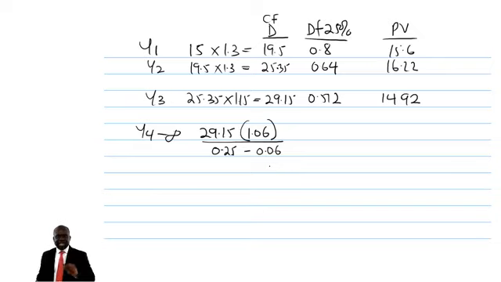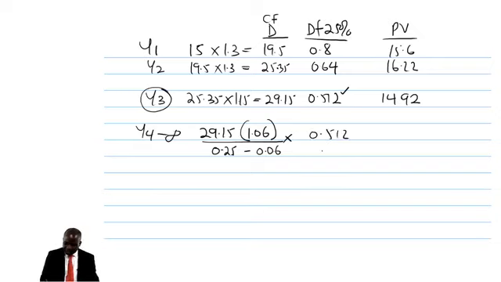A figure in year 3, I have to discount it using this discount factor. That's why we said discount factor of the base year. The base year is year 3. The discount factor of year 3 is 0.512. So I will go straight and say 29.15 times 1.06 equals, divide by bracket 0.25 minus 0.06 equals, all multiplied by 0.512, and that will give me 83.26.